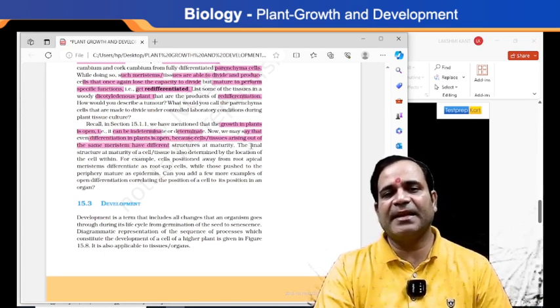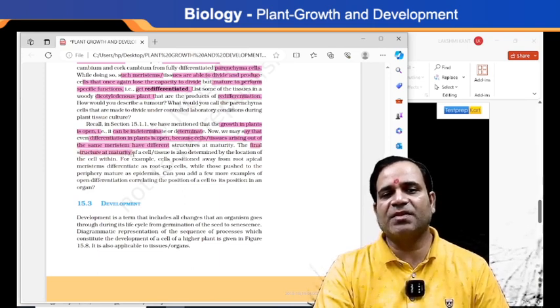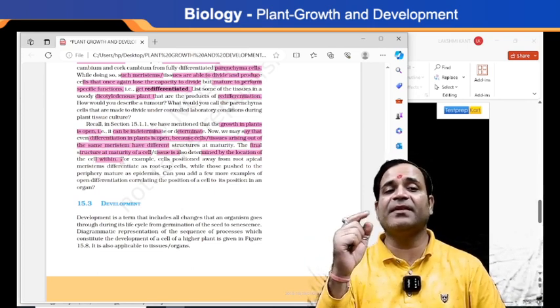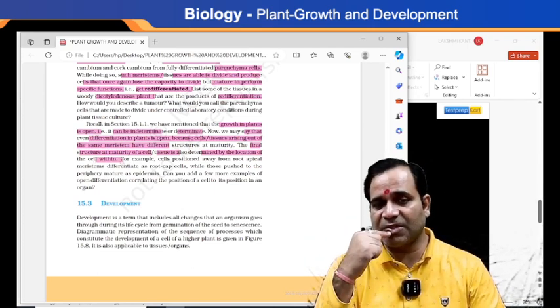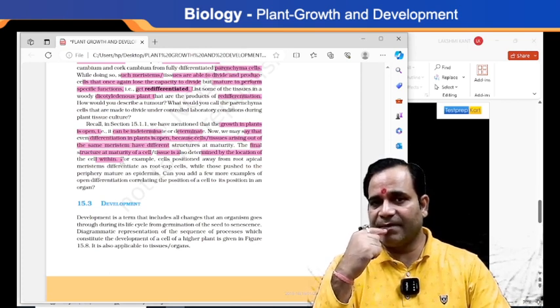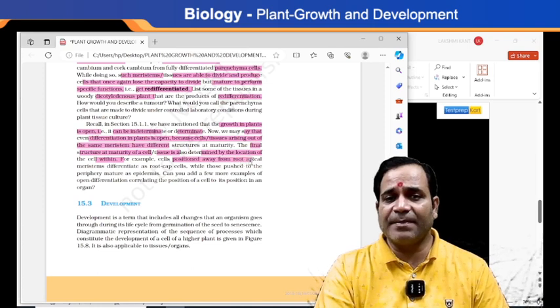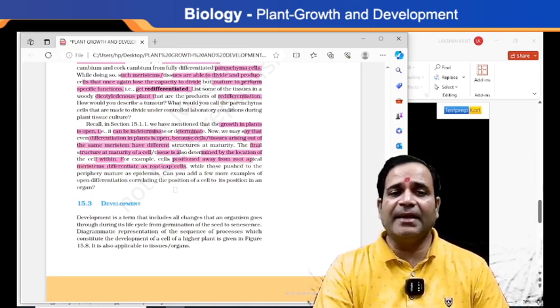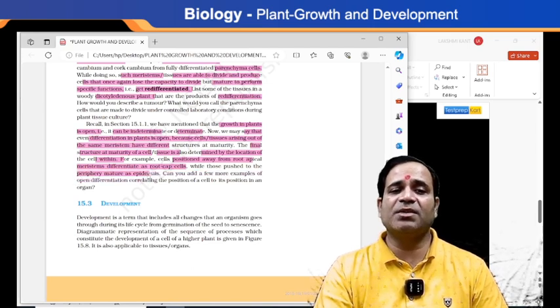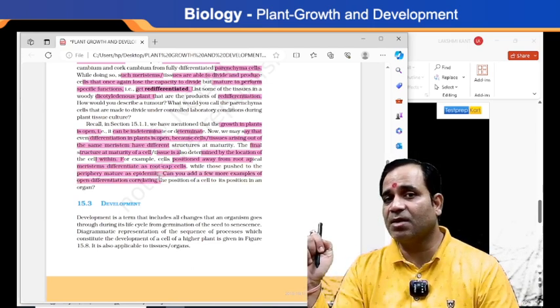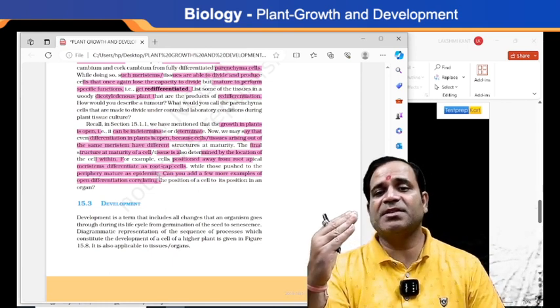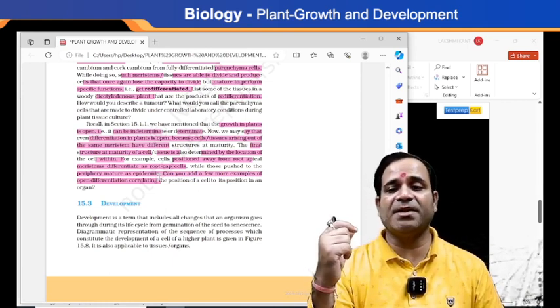And the final structure at maturity of the cells and tissue is also determined by the location of the cell within the body. For example, cells positioned away from the root apical meristem differentiate into root cap, while at the periphery they mature into the epidermis also. Yes or no? So there are various things that are important to development in plants, my dear.